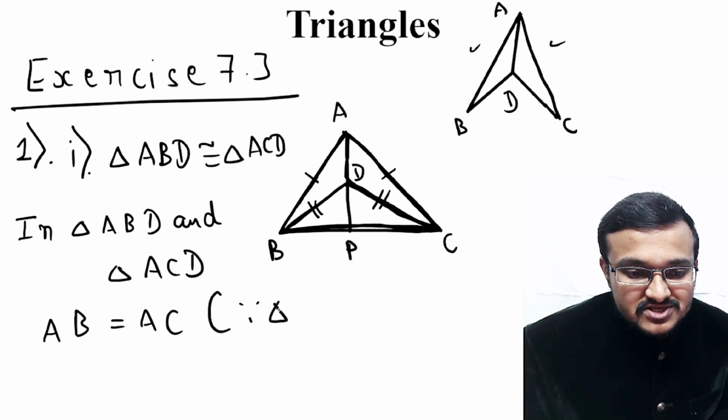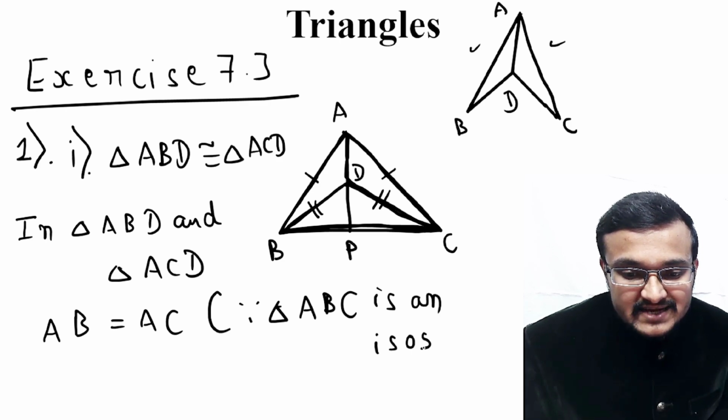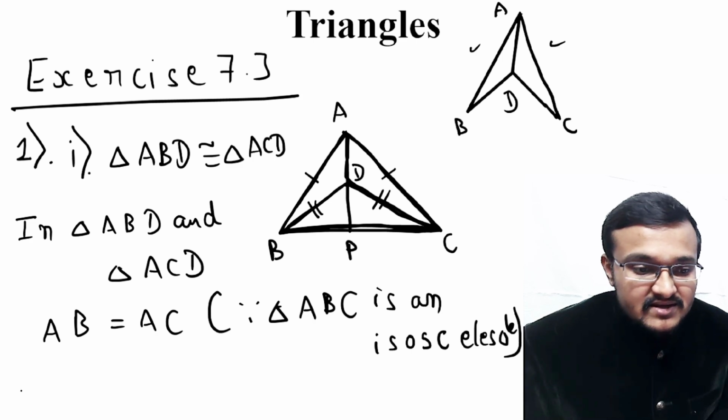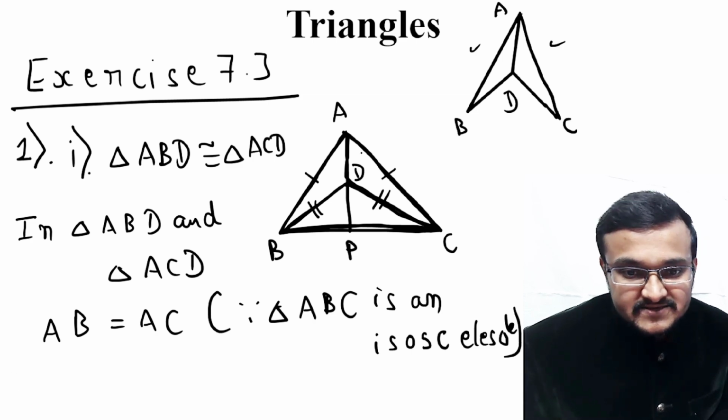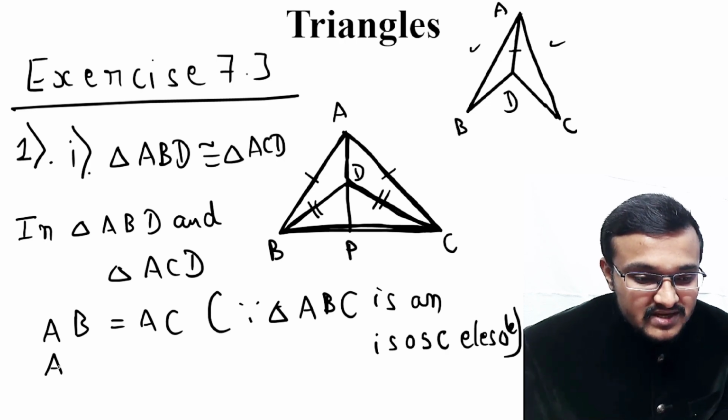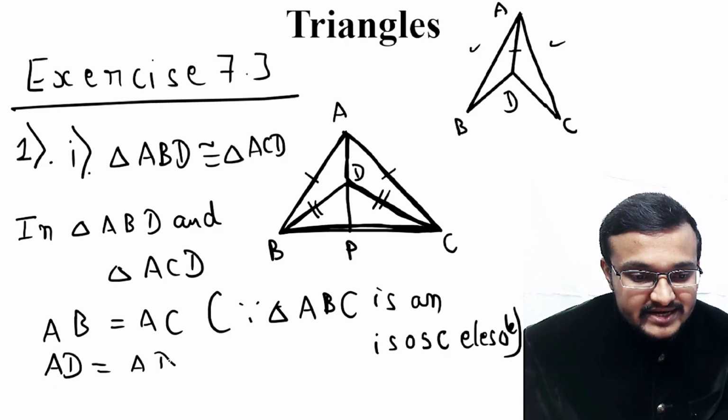This is because triangle ABC is an isosceles triangle, so AB is equal to AC. Here you can see AD is a common side for both the triangles, so AD is equal to AD.